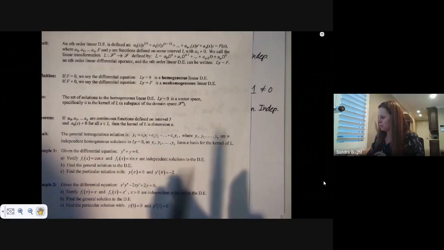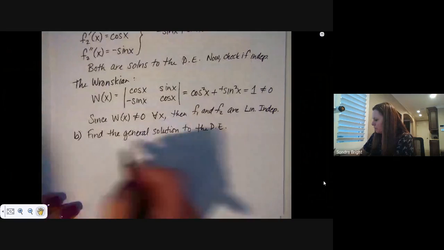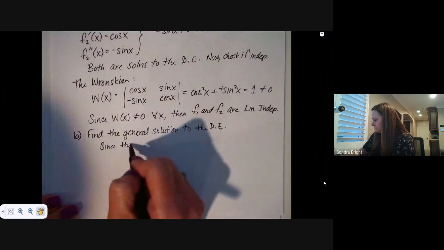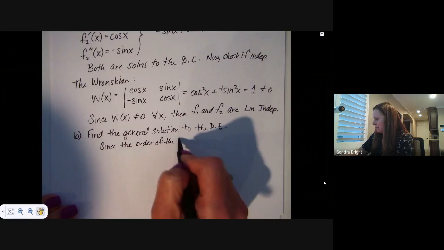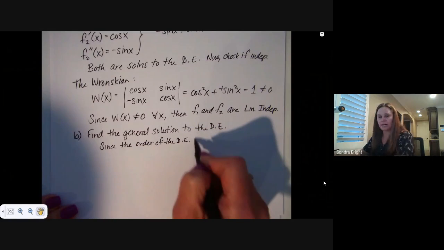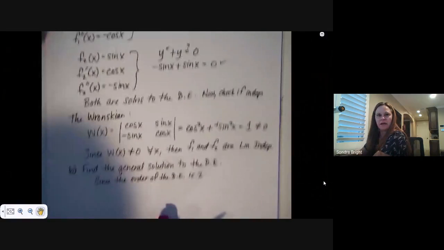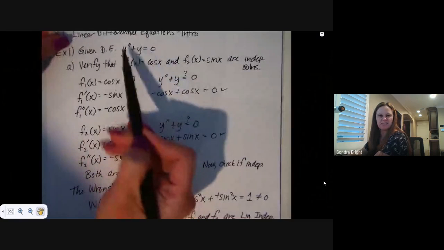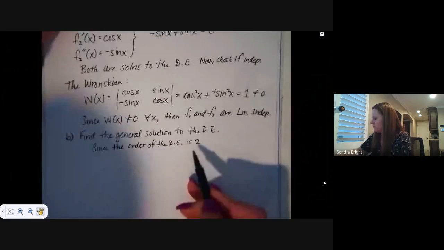I'll write a little more explanation: since the order of the differential equation is 2, how did I know that? Because it was y double prime. The order is whatever the highest derivative is, and the second derivative was the highest one. So the order of the differential equation is 2.